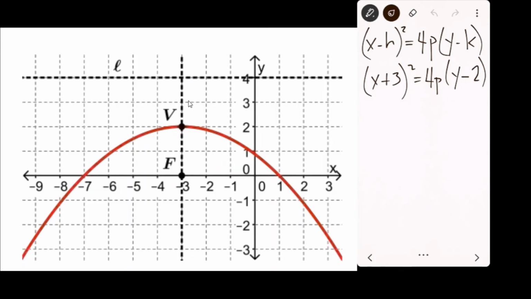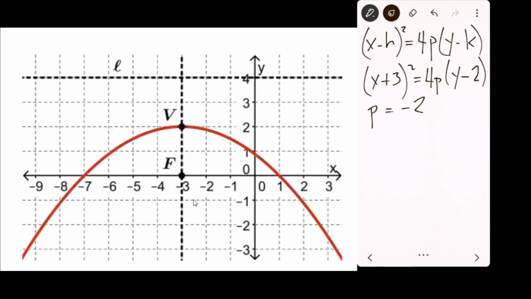So yung value ng p natin will be equals to negative 2. Bakit negative 2? Kasi negative 2 siya because it goes downward. Pero kung pa-upward yung parabola natin, positive yung p natin. But since it's a parabola na downward, negative 2 tayo.